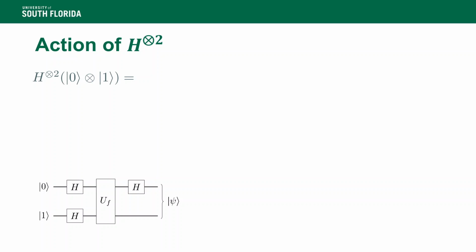Now, here we have, at the very beginning, we start with a 1 here and a 0 here. Okay, so we have a case of h tensored twice for an input that is not 0 tensored with itself. So here what we have is 1/2 (|0> + |1>) tensored with (|0> - |1>), okay?